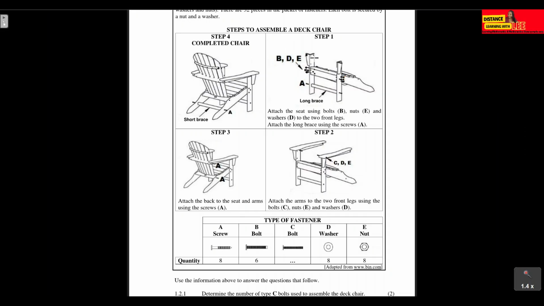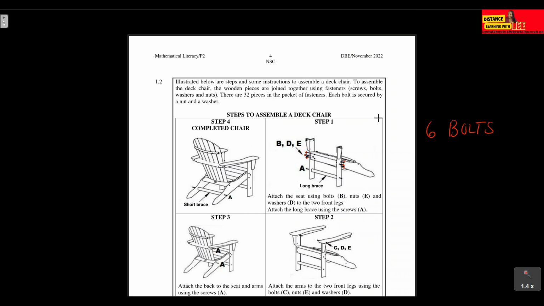Let's just erase. From the diagram, we can see that we've got 1, 2, 3, 4, 5, 6 bolts that were used in total. So we used 6 bolts. And we were given important information here. We were told that each bolt is secured by a nut and a washer.